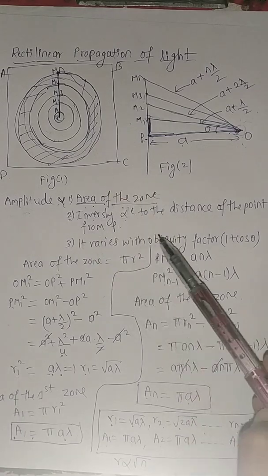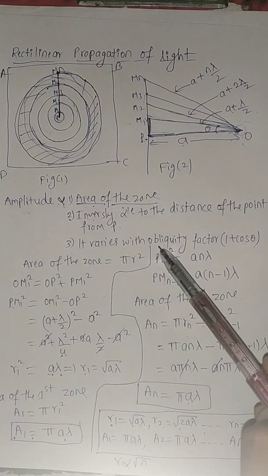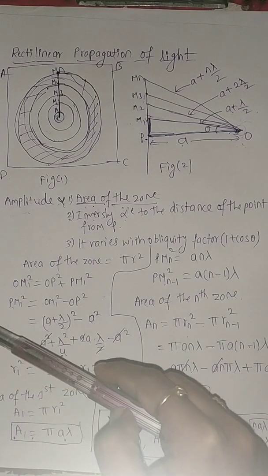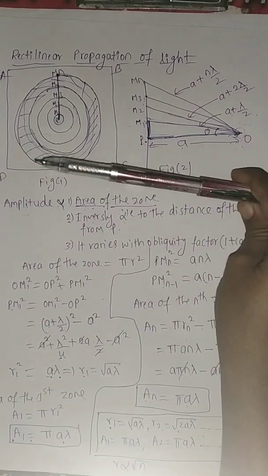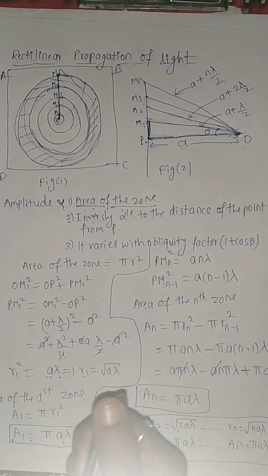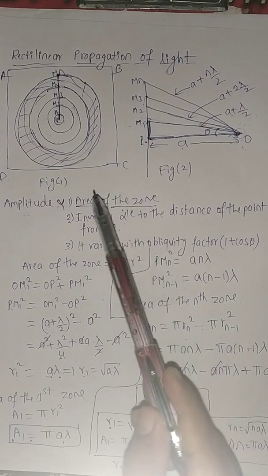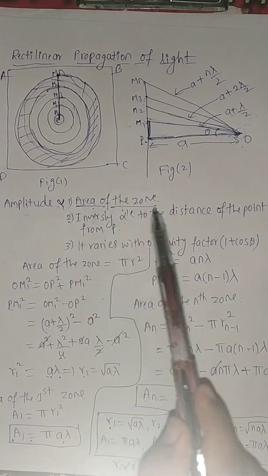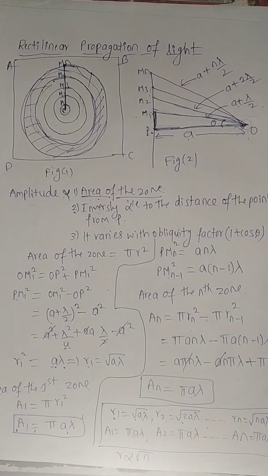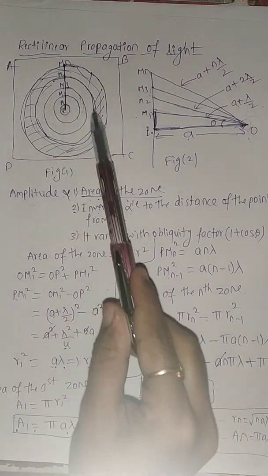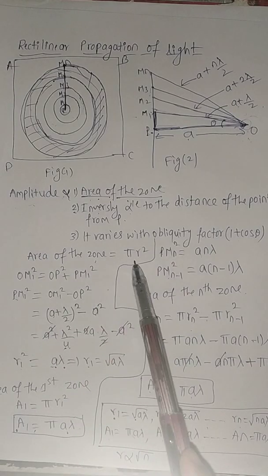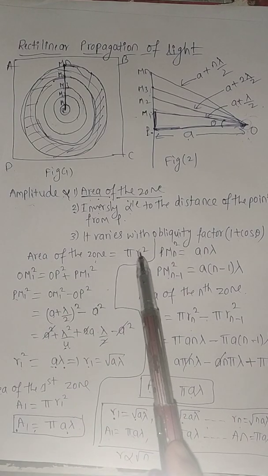And the third thing, it varies with the obliquity factor. What is the obliquity factor? 1 plus cos theta is called the obliquity factor. Again, as I said, the angle goes on changing, so it depends upon the obliquity factor. In today's class, we took only the first point, that is the area of the zone. As the zones are circular in shape, the area of the zone can be calculated using the formula pi r squared.